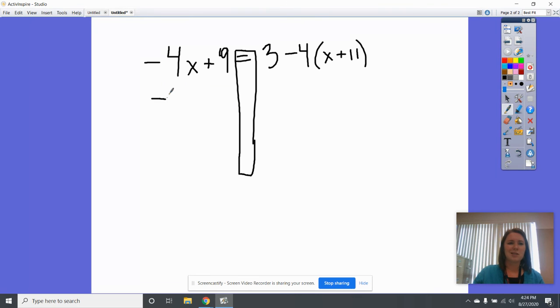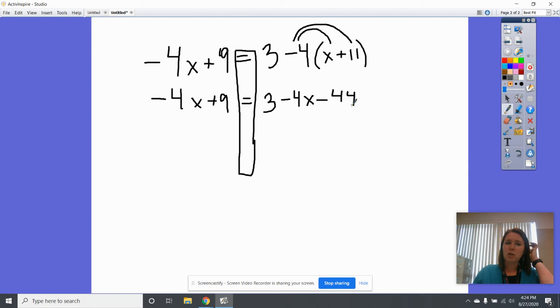No. So it just stays the same. And how about the other side? Here I'm going to distribute -4. So I leave the 3 alone. -4 times x is -4x. And -4 times 11 is -44. So I distributed, and now I'm going to combine like terms.